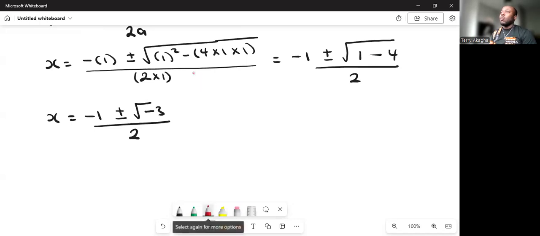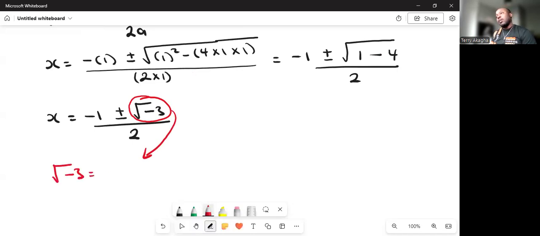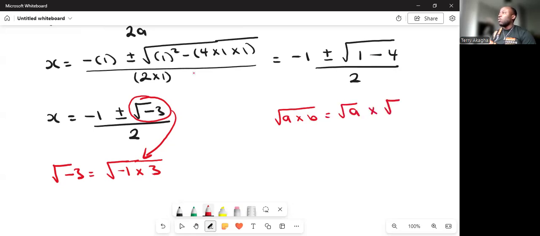So similarly to what we did in the previous video, we have -3 here. We then have to break it down. So we have square root of -3 is the same thing as saying square root of -1 times square root of what? 3. Now, if you remember in laws of surds, I told you square root of A times B is equal to square root of A times square root of what?